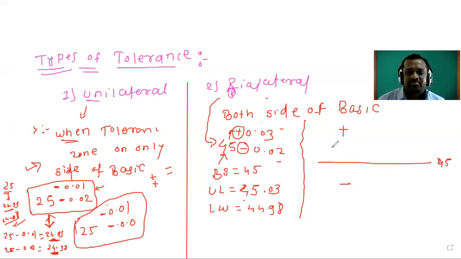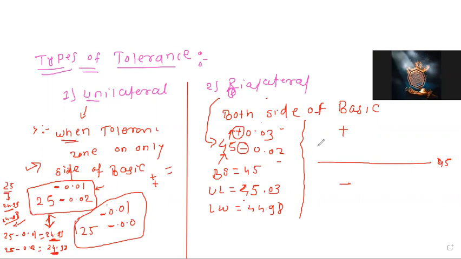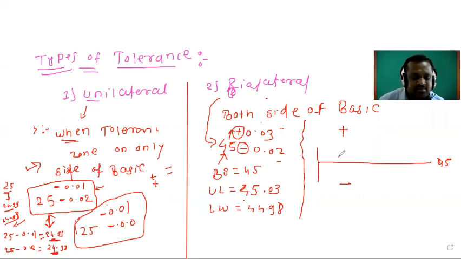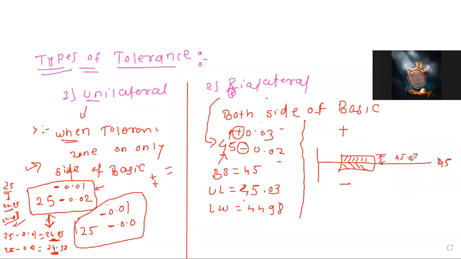The upper side line like this, and this is the lower side. म्हणजे हे किती असणार? 45.03, आणि लोअर लिमिट 44.98.